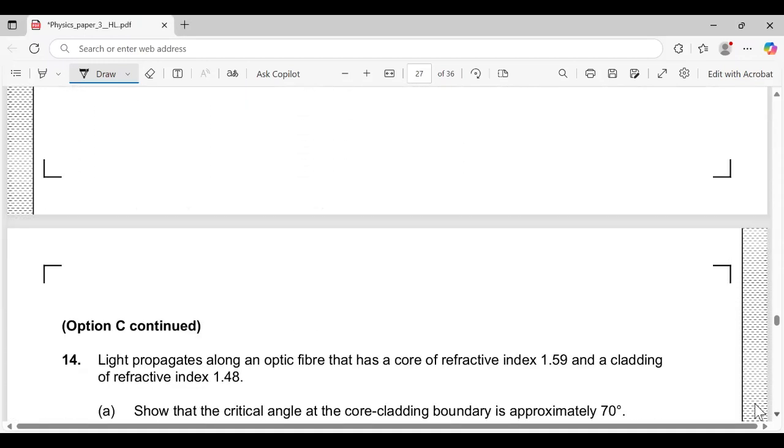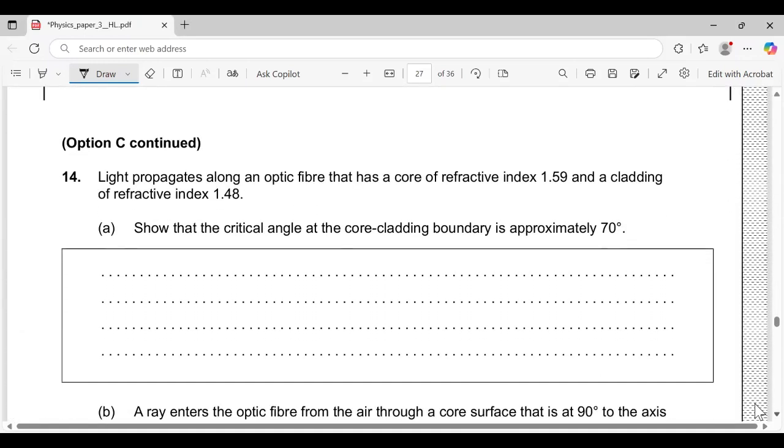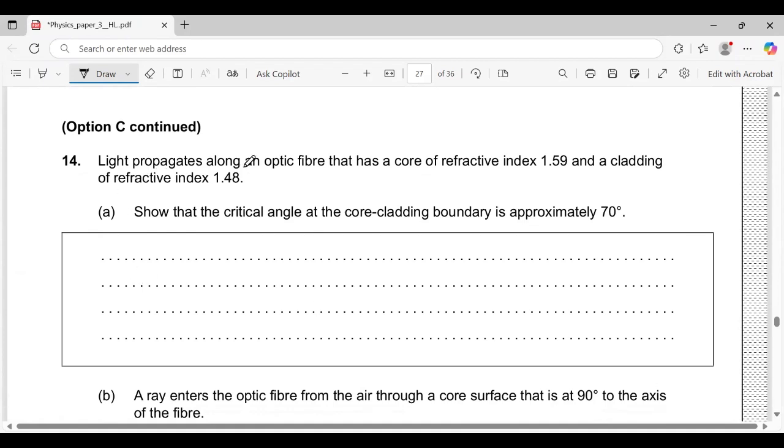Number 14. Light propagates along an optic fiber that has a core of refractive index 1.59 and a cladding of refractive index 1.48. Show that the critical angle at the core-cladding boundary is approximately 70 degrees.